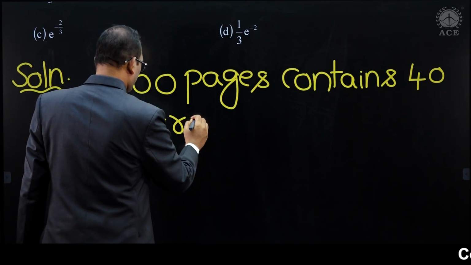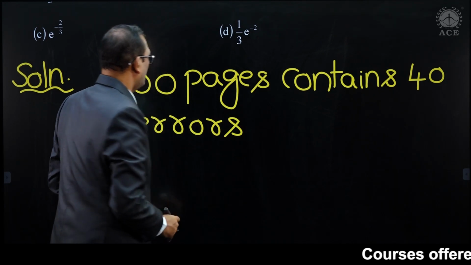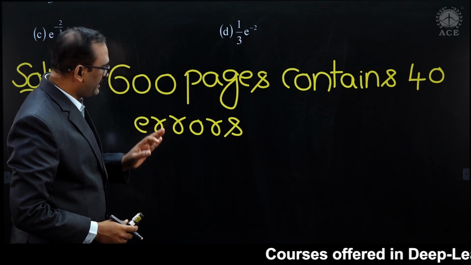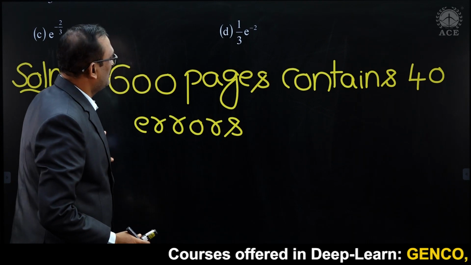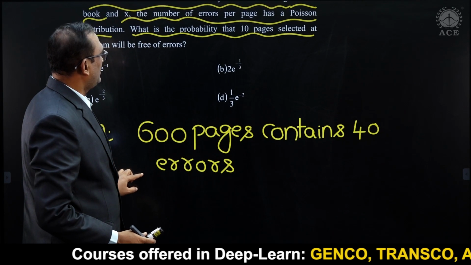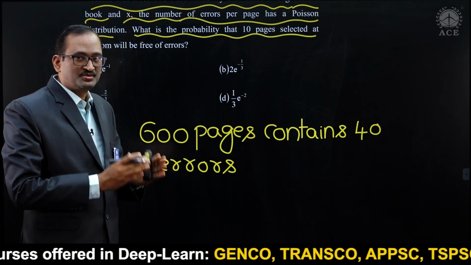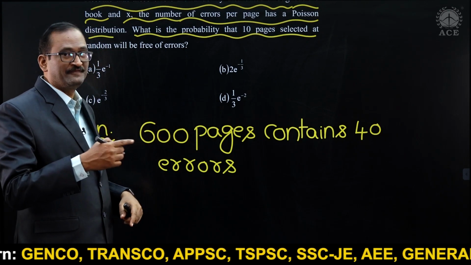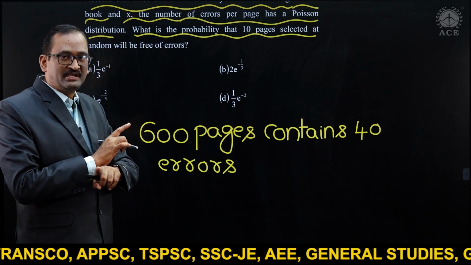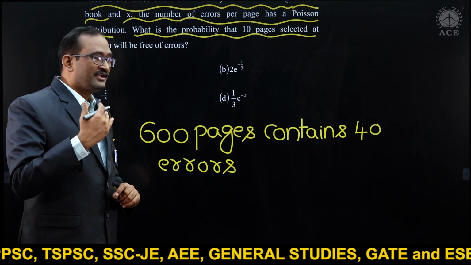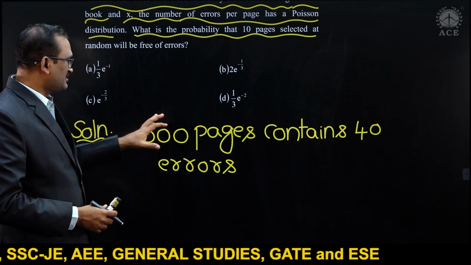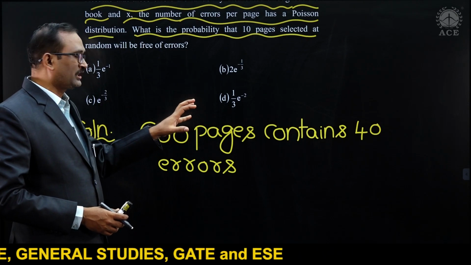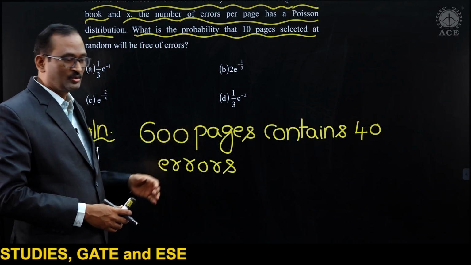If 600 pages book containing 40 printing mistakes, then we need to check 10 pages, because we were asked to find the probability that 10 pages selected at random should be free of errors, means will not contain any printing mistakes. That's why let us convert 600 pages book containing 40 errors to 10 pages book.